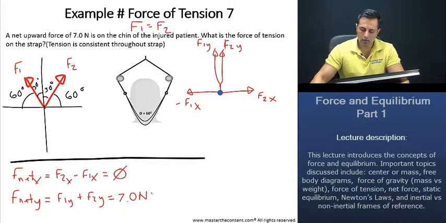Now, on the next slide, let's add in a little bit of trigonometry and see how else we can write the y components of our force vectors. We know that the angle here is 60 degrees, and we're leaving off right here with this equation.